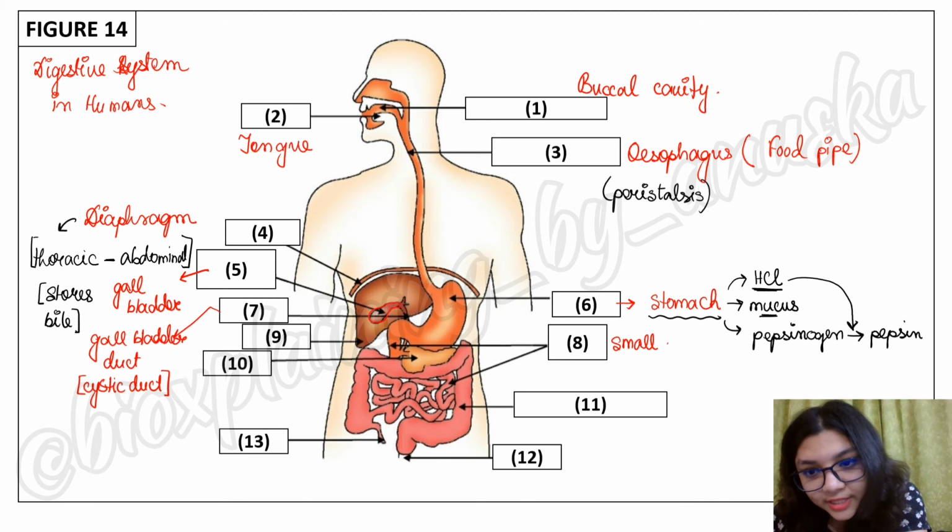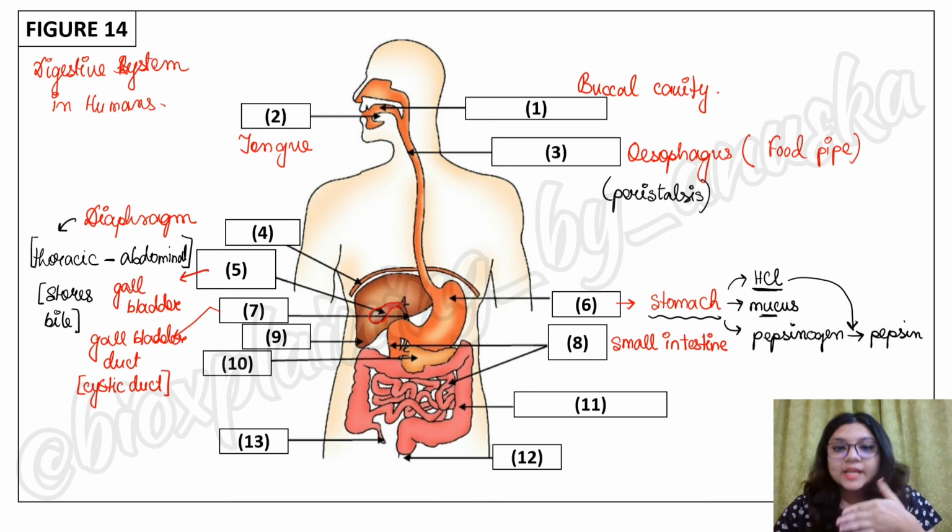So, the small intestine has the job of carrying the digested food particles further so that a lot of absorption occurs here. Almost all of the absorption of the digested food particles will occur in the small intestine. So, two roles.